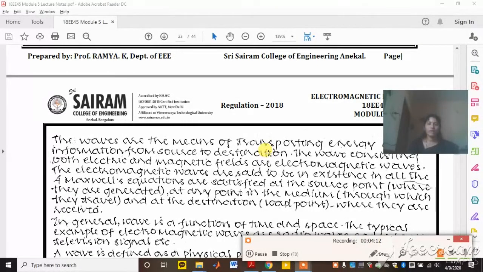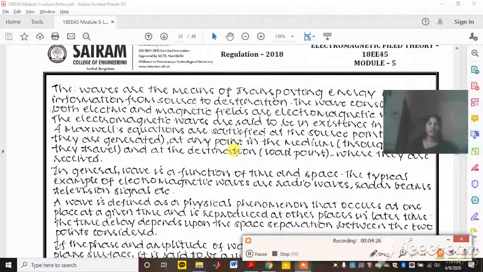What is meant by wave? First, before getting into the topic, we should know what is meant by wave. Wave is nothing but a physical phenomenon which appears at one point with certain amplitude, and it reappears at some other point with some other amplitude. This is called your waves.